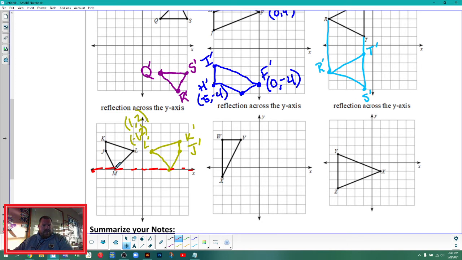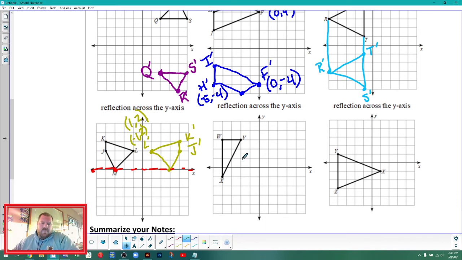Turns out that M's not going to move anywhere. M and M prime would have the same values if I was reflecting it across the x-axis. That's like the idea of having a mirror and looking at the reflection, but then touching the mirror, right? Those two fingers that you touch the mirror with are at the same point, so there is no movement. Okay, I just bring that up because it doesn't come up in any of these ones, but it is something that can come up.